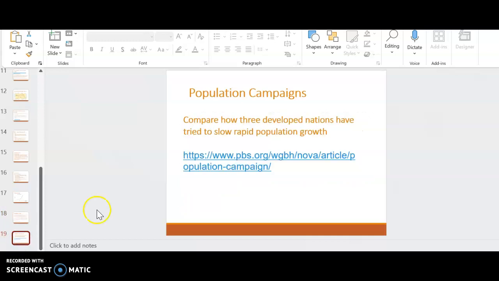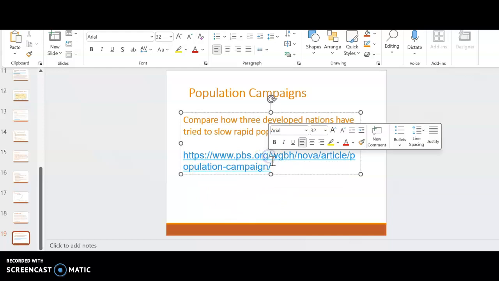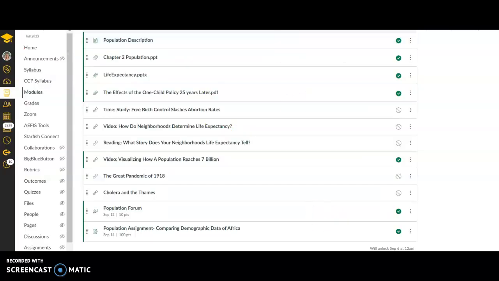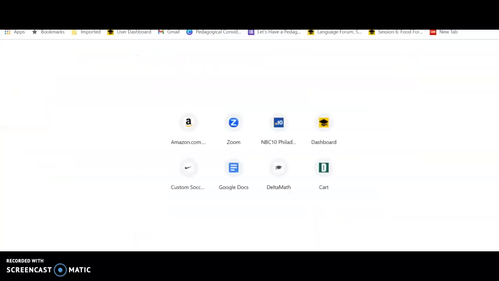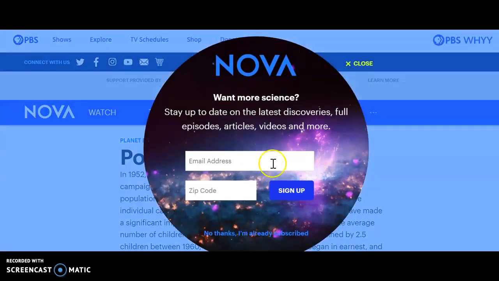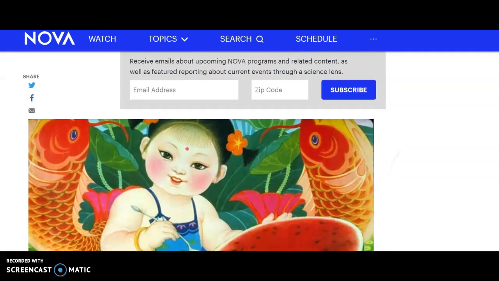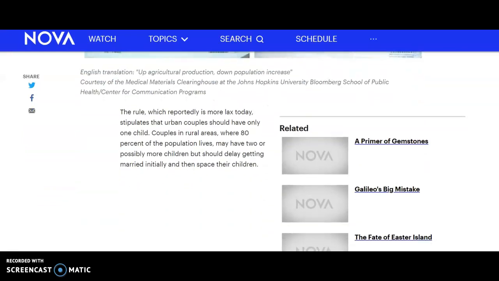So here is a little comparison on how three developed nations have tried to slow rapid growth. It's a good little thing from PBS. Let me just show you here. So it tells you these little population campaigns that have happened in terms of what specific countries have done.